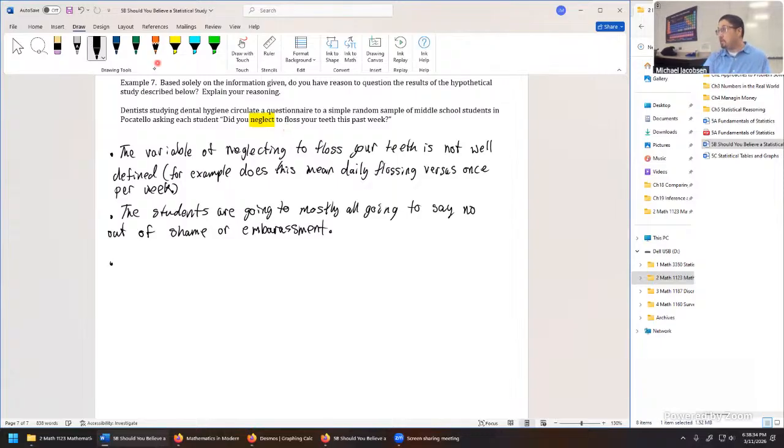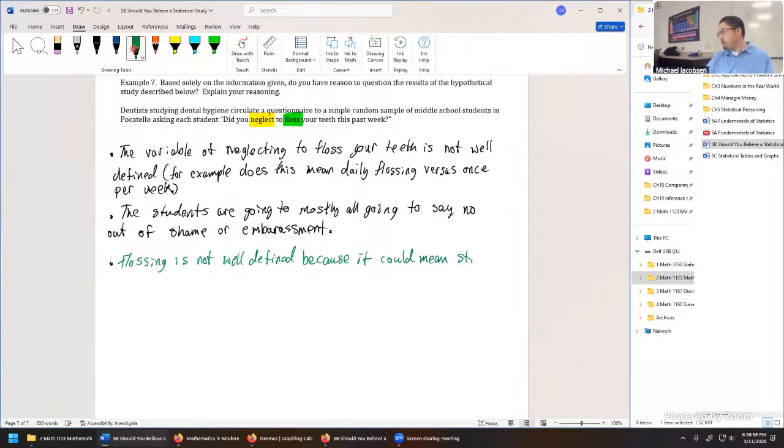So let's put here, flossing is not well defined because it could mean string, maybe wax string or otherwise, a placker, water pick.